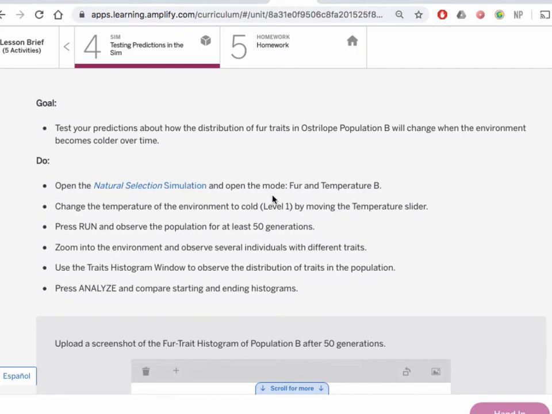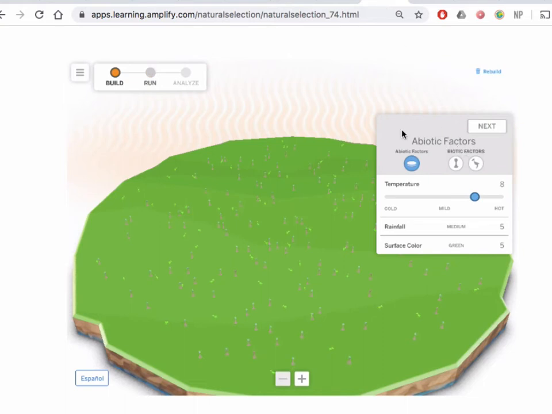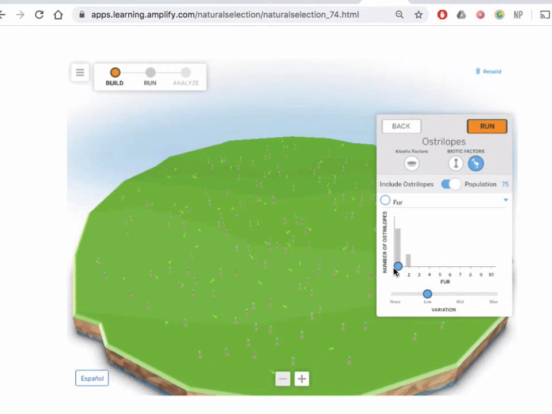Open the natural selection simulation, open fur temperature B, change the temperature to cold. The difference here is instead of starting with a bigger distribution, we're actually only starting with australopes that have the lowest 2 levels of fur.